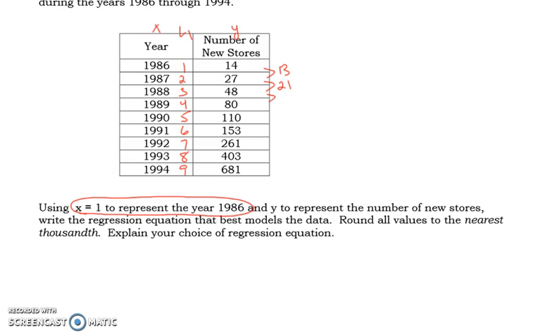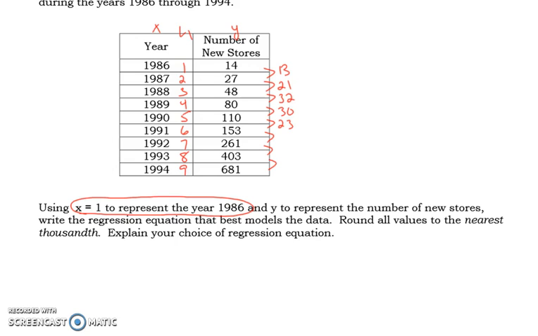If I go from 48 to 80, that's a 32 store increase. From 80 to 110, that's a 30 store increase. Over here is a 23 store increase. Over here, we're up to about 100 stores increased by. Over here, we're going up by about 200 stores, and over here, we're going up by about 200 stores.